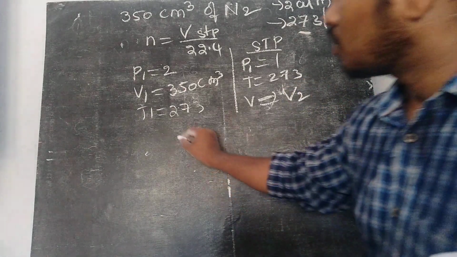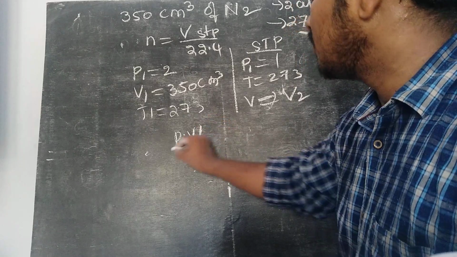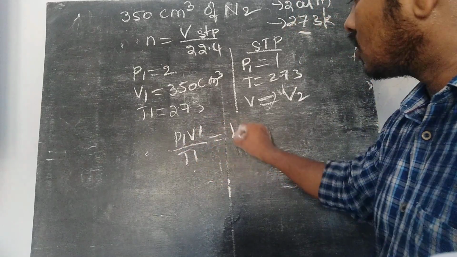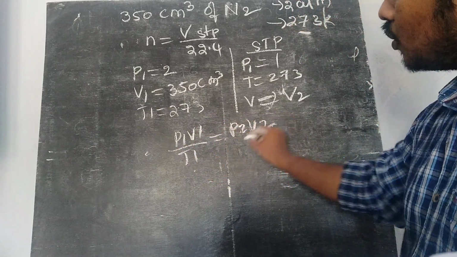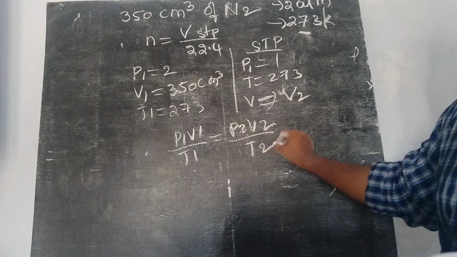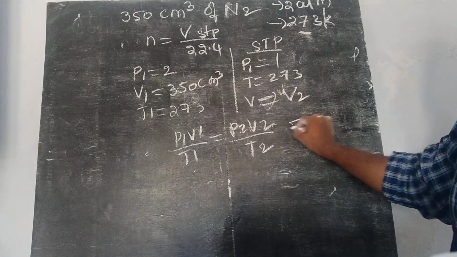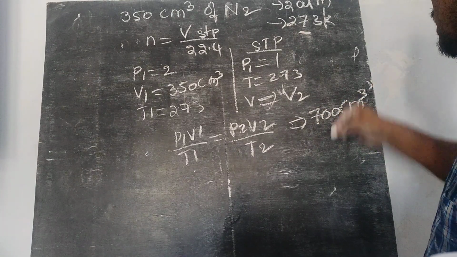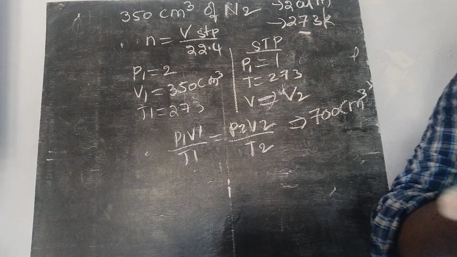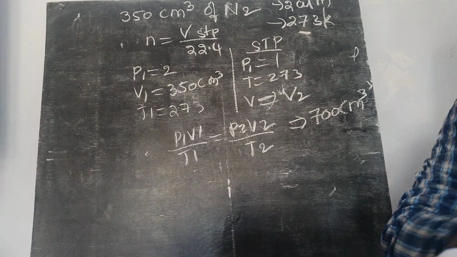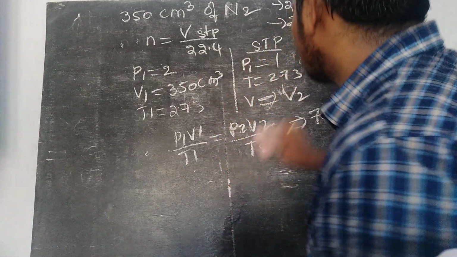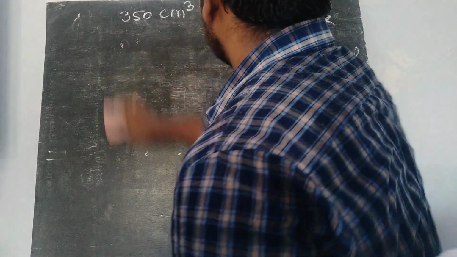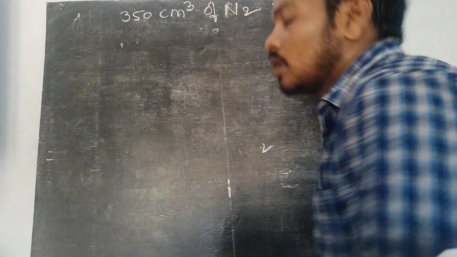By using this formula, P1 V1 by T1 is equal to P2 V2 by T2, you will get the volume 700 centimeter cube.